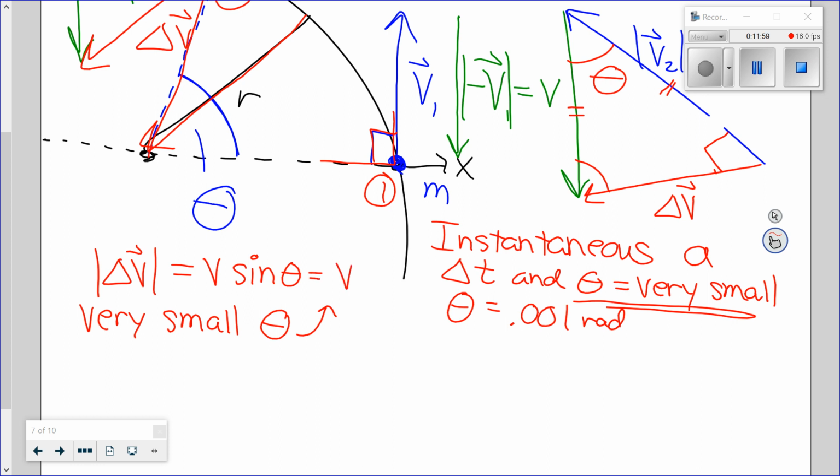Put it in radians, take the sine of very, very small angles, and they're basically the same. The sine is the same as the radians. Oh no, I've got to pause the video and do part 2. We'll examine arcs and radians in a bit. But we've got our delta V. It's just V times theta.